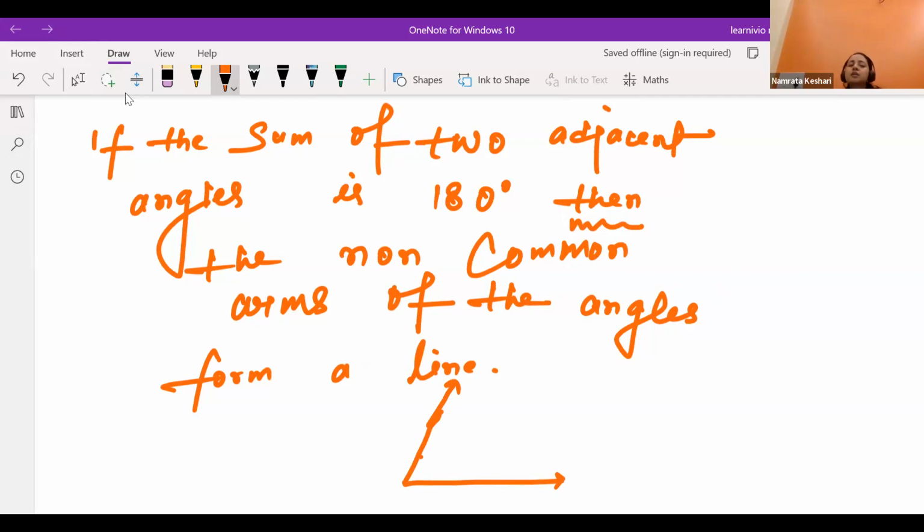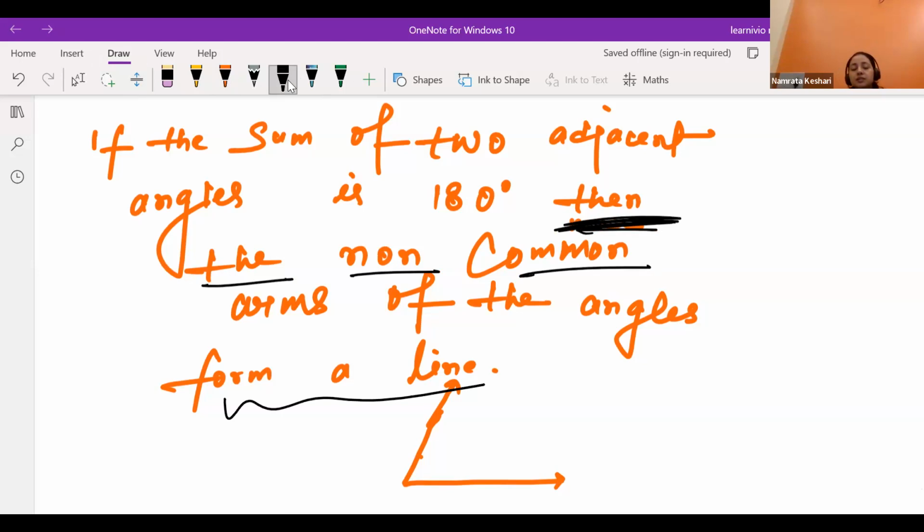In the first class we talked about how an angle is formed, and whether it is a straight angle, complete angle, or any other angle, two arms are involved.